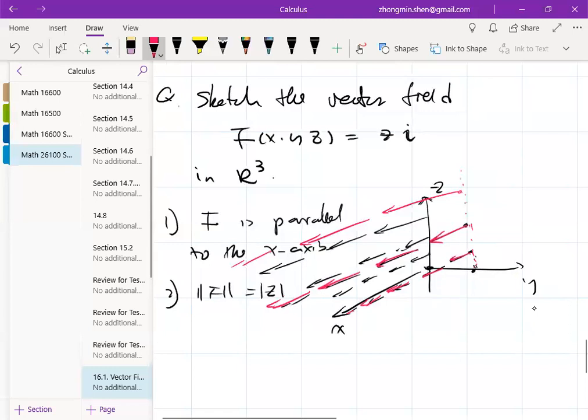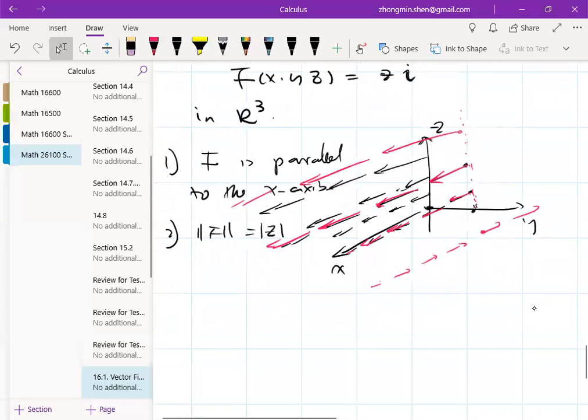Now, if it's below the XY plane, it's going in the other direction, so it switches the orientation, the direction of the vector field across the XY plane, right?